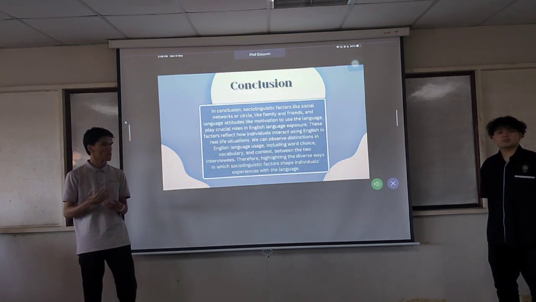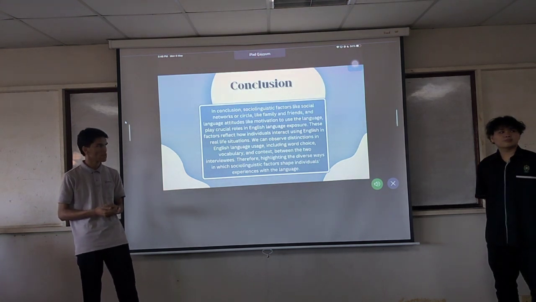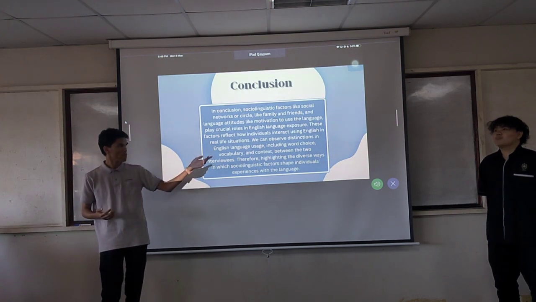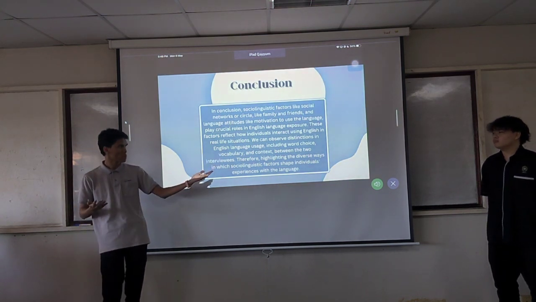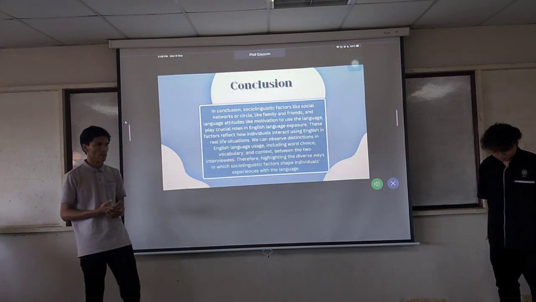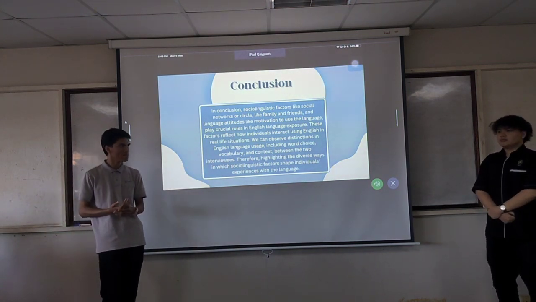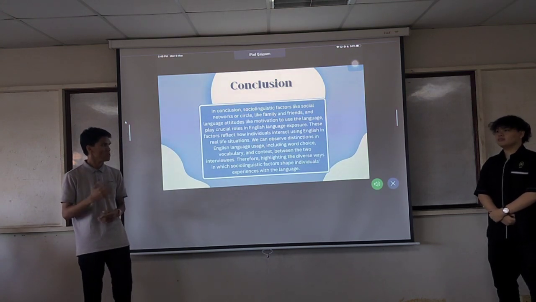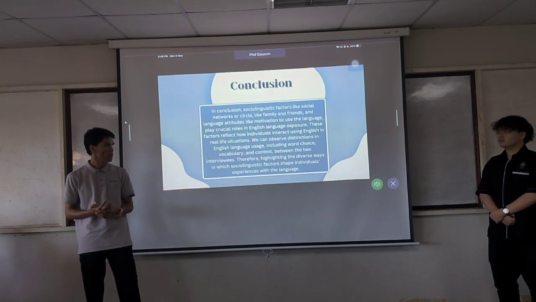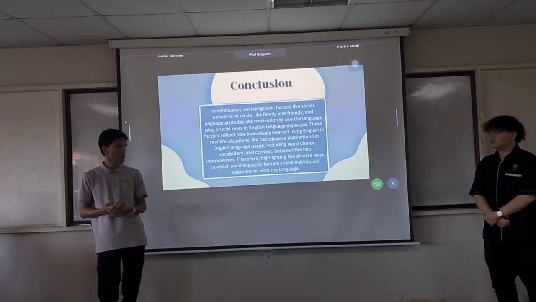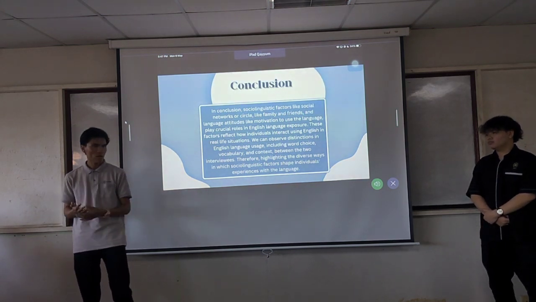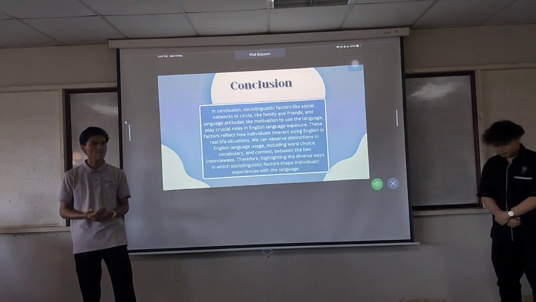And we can observe the distinction between the English language usage, as you can see from the previous slides, such as the word choice, the vocabulary, and most importantly the context that the person uses the language in. And lastly, all of this sums up to highlighting the diverse ways in which sociolinguistic factors shape an individual's experience using a certain language.